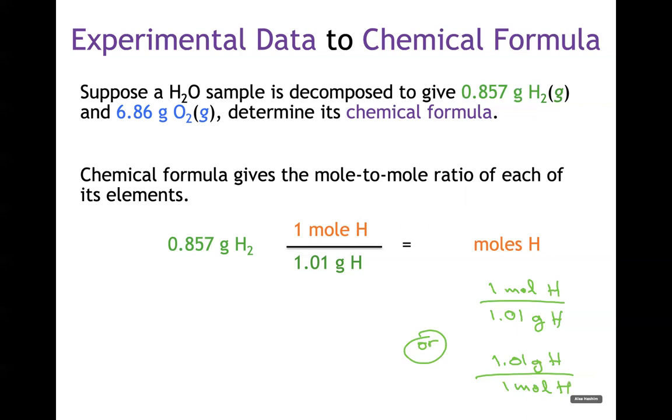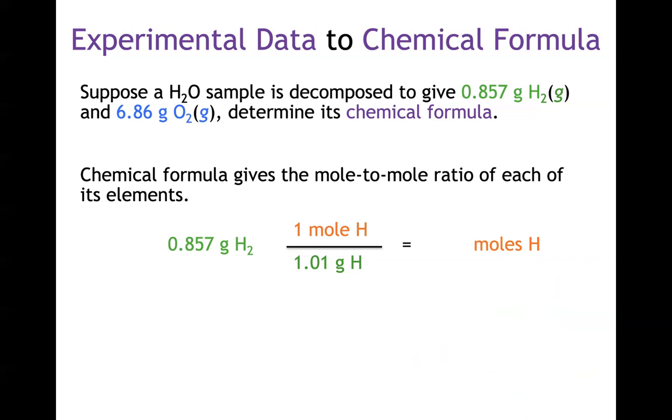Think of it much like conversion factors in an intro to a chem class, where it's simply a ratio. When do we use 1 mole over grams versus grams over mole? It depends on what you're given and what you're looking for in a given problem that we're trying to solve, right? So we're multiplying, and then grams cancels out grams, and we're left with moles of hydrogen.